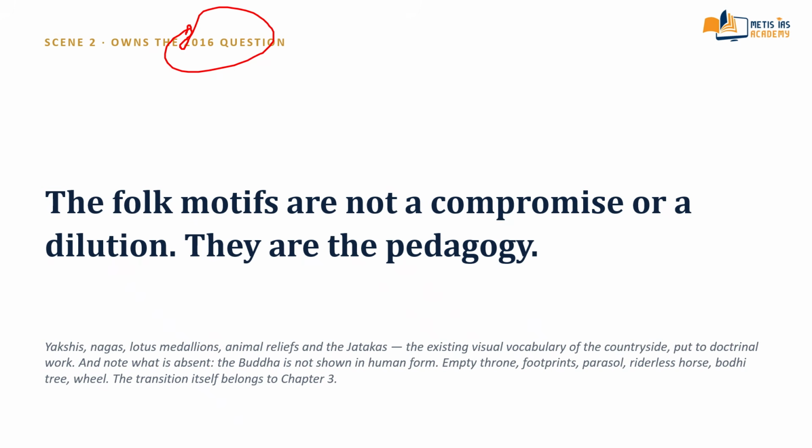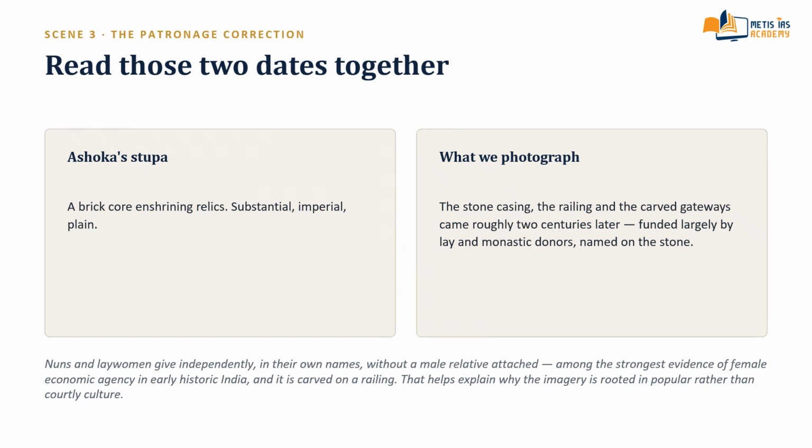What are the four ways? The first one is the Jatakas. What are the Jatakas? The single largest narrative content on these railings, the previous birth stories.